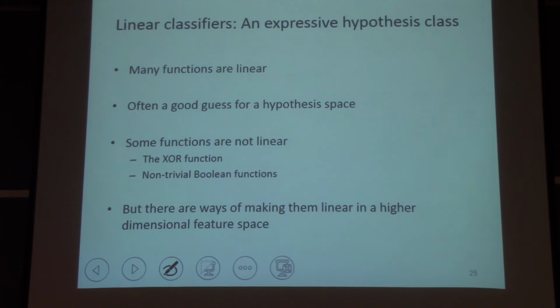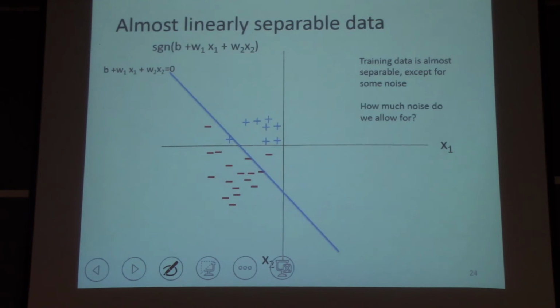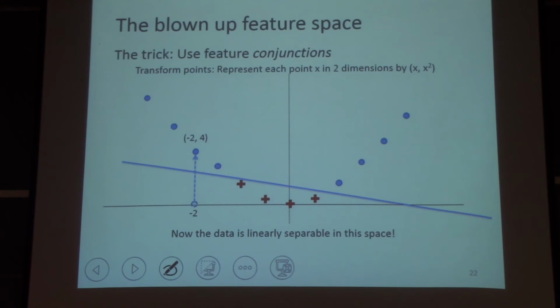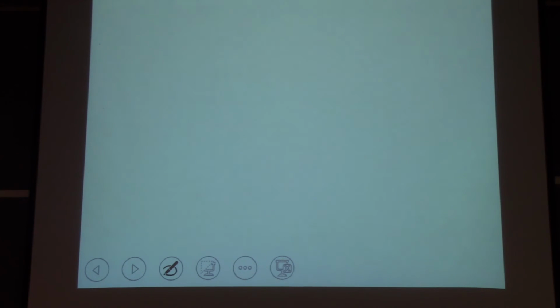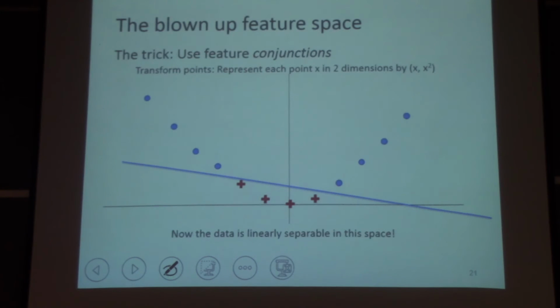Yes? I apologize, this goes back a few slides, but when you took x to x comma x squared, you expanded the space and ended up drawing a horizontal line. If x squared is the only relevant term, can we just map it to a different one-dimensional space?